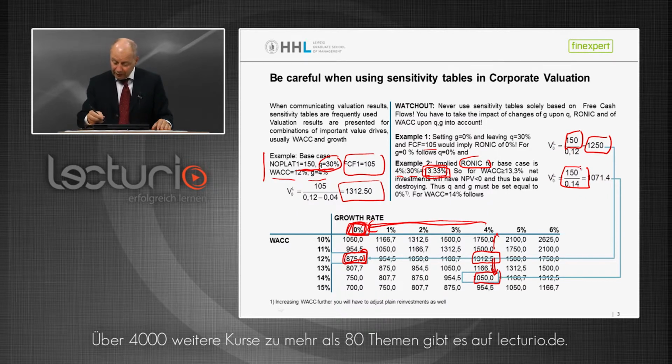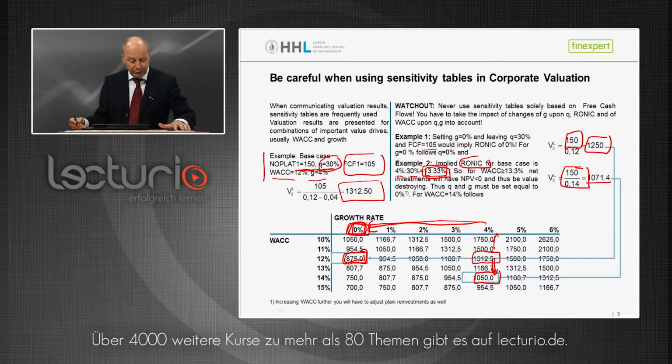If we stick to a reasonable retention rate of 0%, that would imply a free cash flow equal to the NOPLAT of 150 divided by 14%, and we would get a value of 1,071 instead of a value of 1,050. You see in the second case our deviation from the correct value is not that big, but in this case you see that the model is really flawed and we have a significant valuation error.